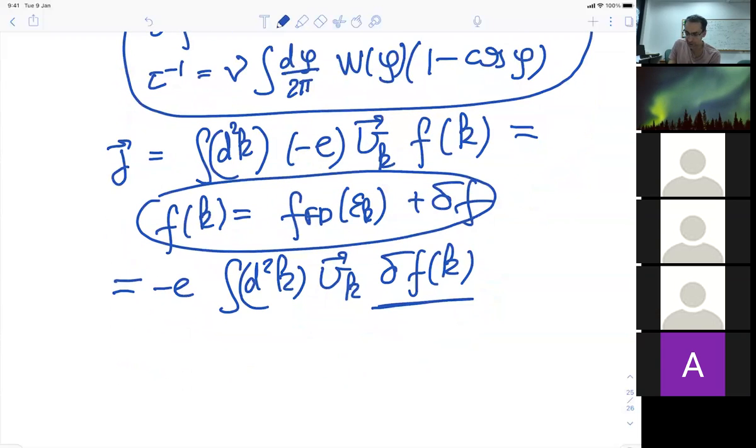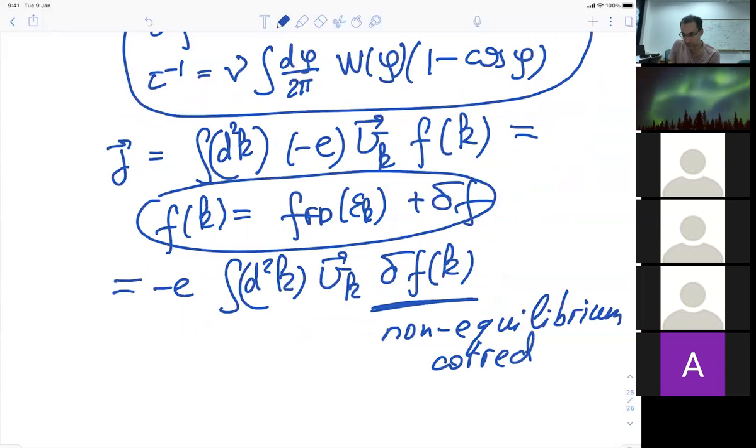So only the non-equilibrium correction gives a contribution to the electric current.